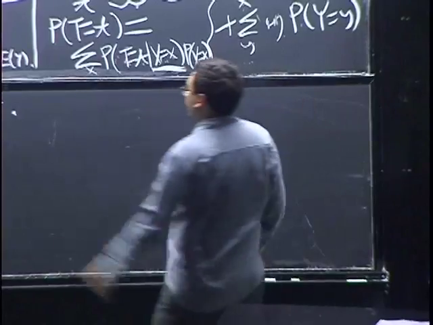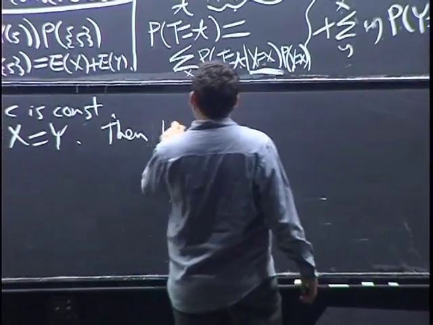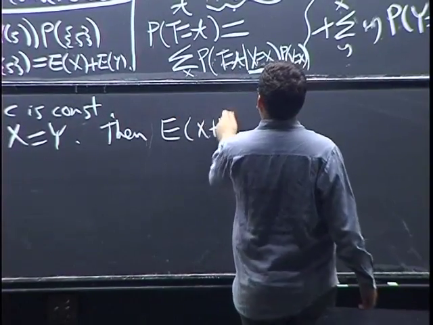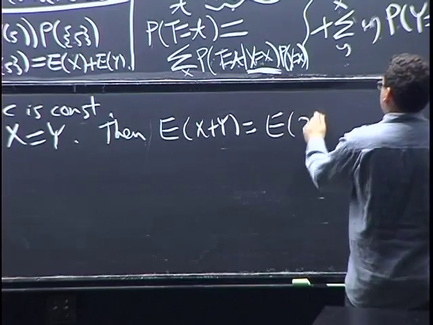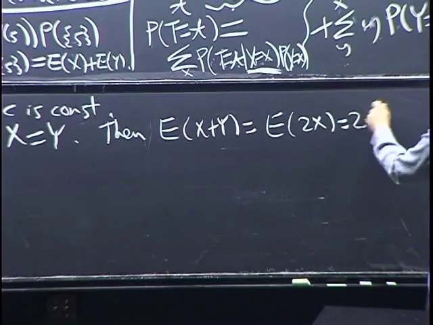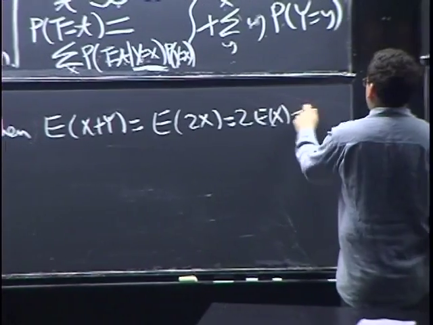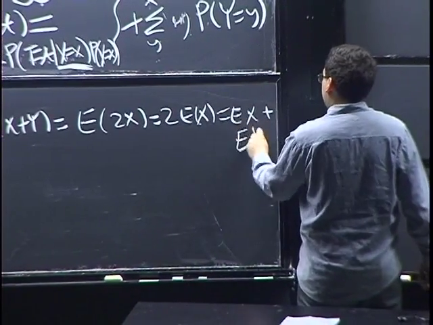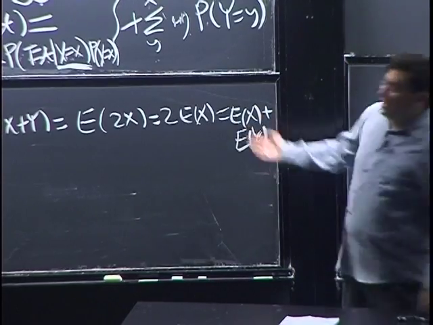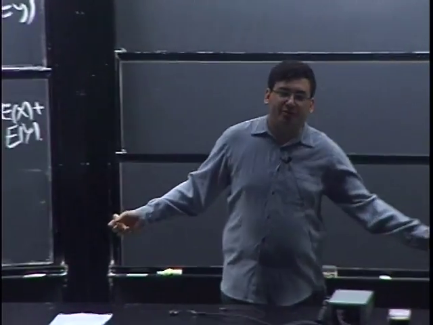Now, if that's true, then E of X plus Y, since it's the same thing, is E of 2X, which equals 2 E of X, which is in fact the same thing as E of X plus E of Y. Okay, so that's not a proof of linearity, but that's just checking that in that extreme form of dependence, it's true. And in the case of independence, it's pretty intuitive that this should be true. And so we've covered both extremes, and the proof covers everything in between. All right, so that's linearity.